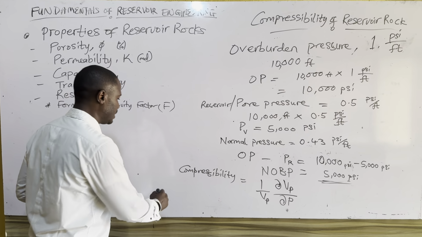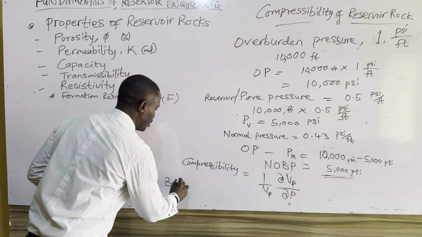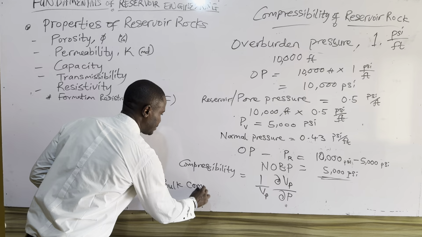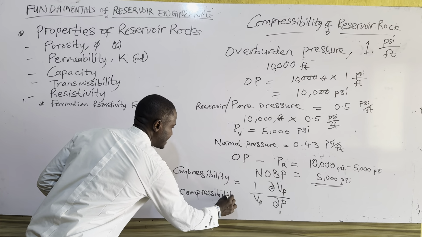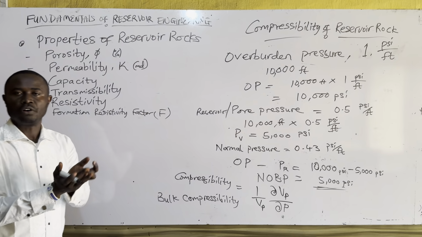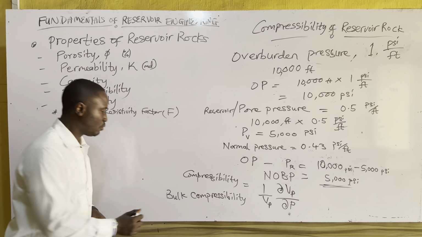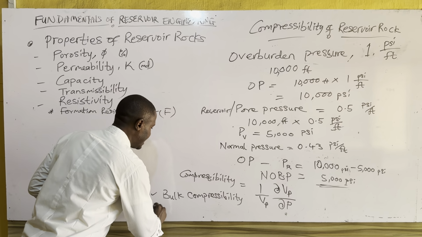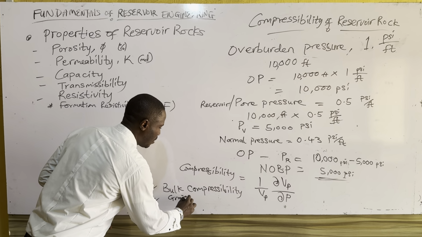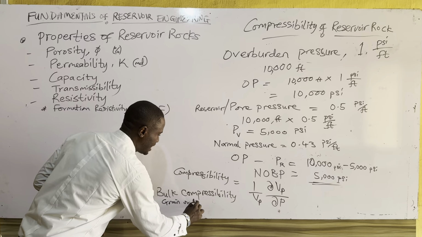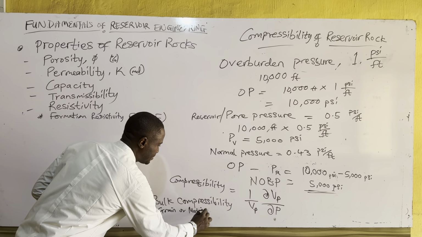There are 3 types of compressibility. We have the bulk compressibility, where we are looking at the entire bulk of the reservoir rock. We can consider compressibility in terms of the grain or the matrix compressibility.